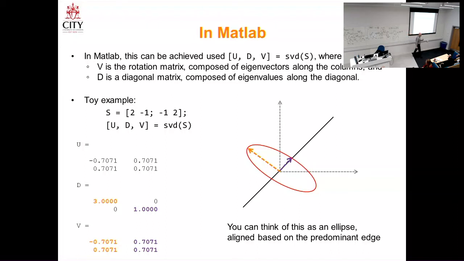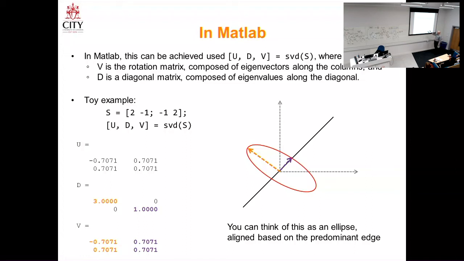So the way I think about this stuff, I think about it intuitively using ellipses. You can think of an ellipse that is going to be aligned based on the prominent edge. So maybe here I've got a strong edge that's going in this direction, and that's encoded by this vector here, negative 0.7071 and positive 0.7071. Okay, that's kind of going in this direction.